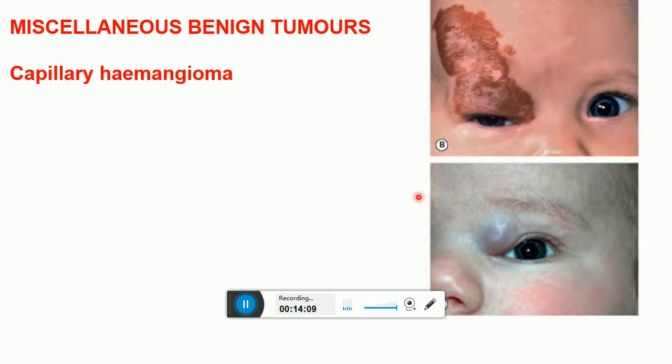Treatment will be described in chapter 4. A capillary hemangioma can be easily and successfully treated by regular application of topical beta blocker to the affected lesion. So this is capillary hemangioma, the most common tumor in infancy.